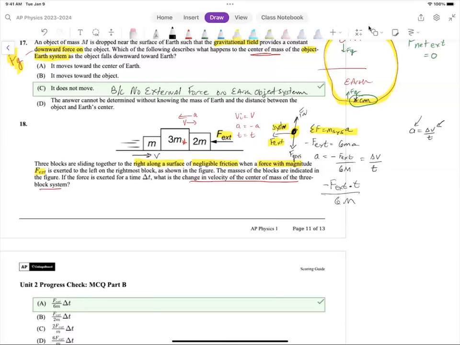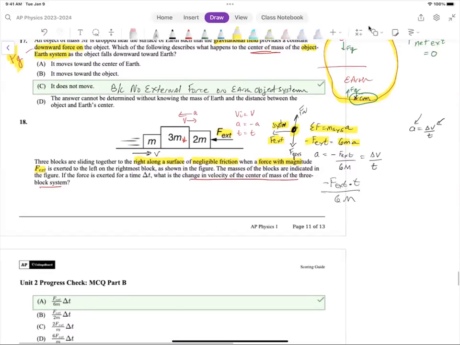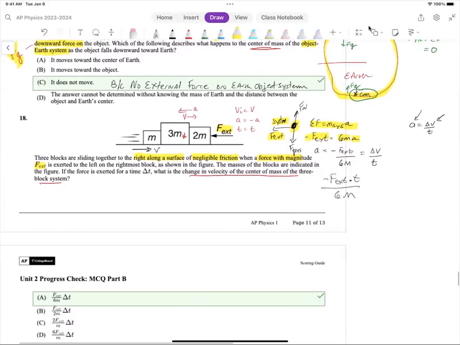So summing the forces acting on the system, it's to the left, so I called it negative. And then I have the mass of the system, which is 6m, times the acceleration, okay? They didn't ask for the magnitude, so I'm just going to call that negative, and then you'll notice there are no negatives, so they could have called left positive for that matter.